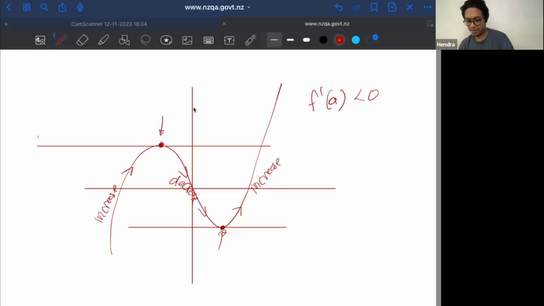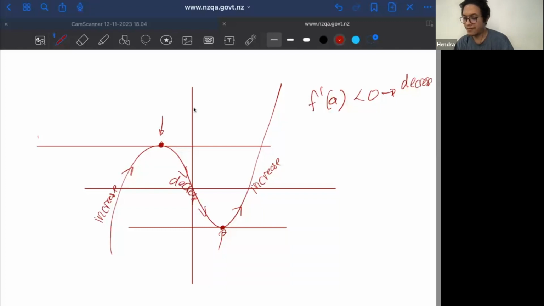So f prime less than 0, that will be decrease.